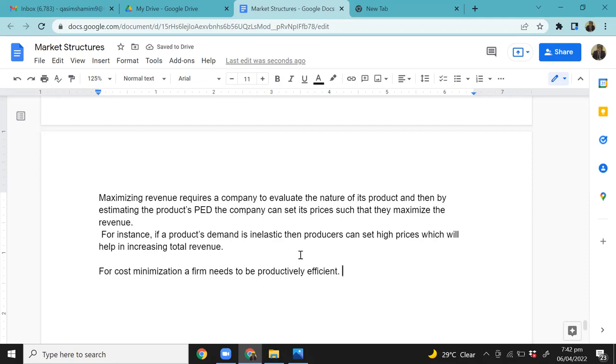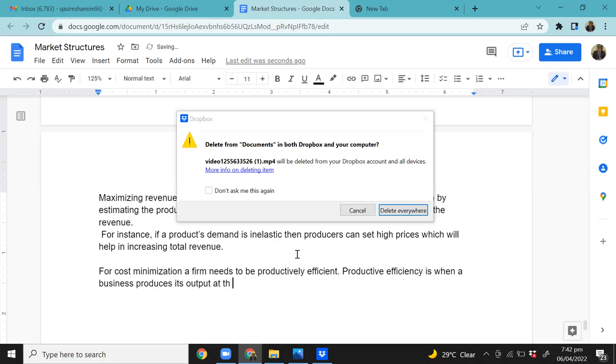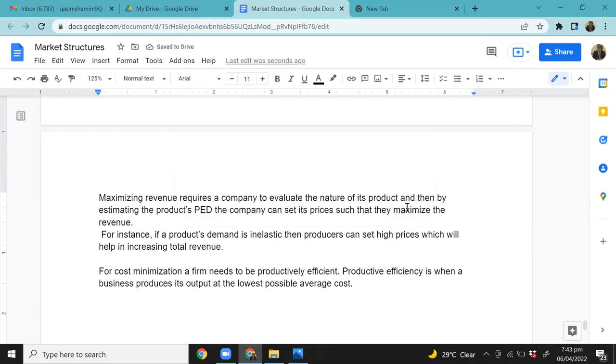Productive efficiency is when a business produces its output at the lowest possible average cost. So when a firm is producing its products at the lowest possible average cost, that is productively efficient.